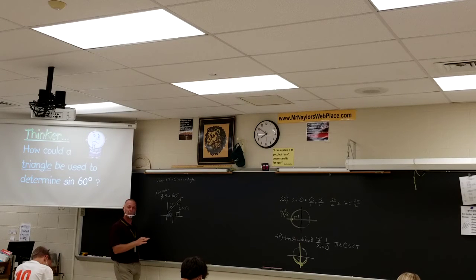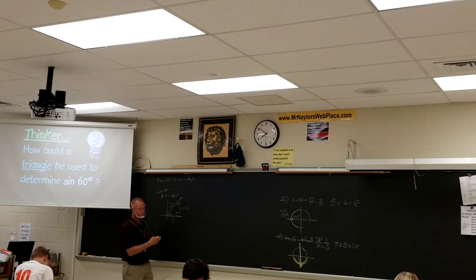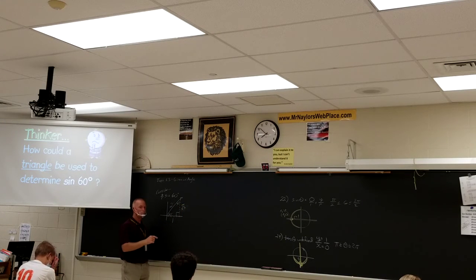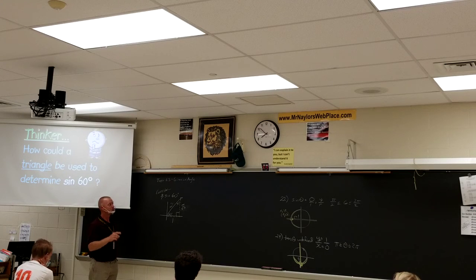If for some reason you don't have that knowledge, you can get it right here because this is a 1, 2, and then the side that goes with 60 is more familiarly said to be root 3. So we have a 1, 2, root 3. And that was the exact same thing you said, you just scaled it differently.